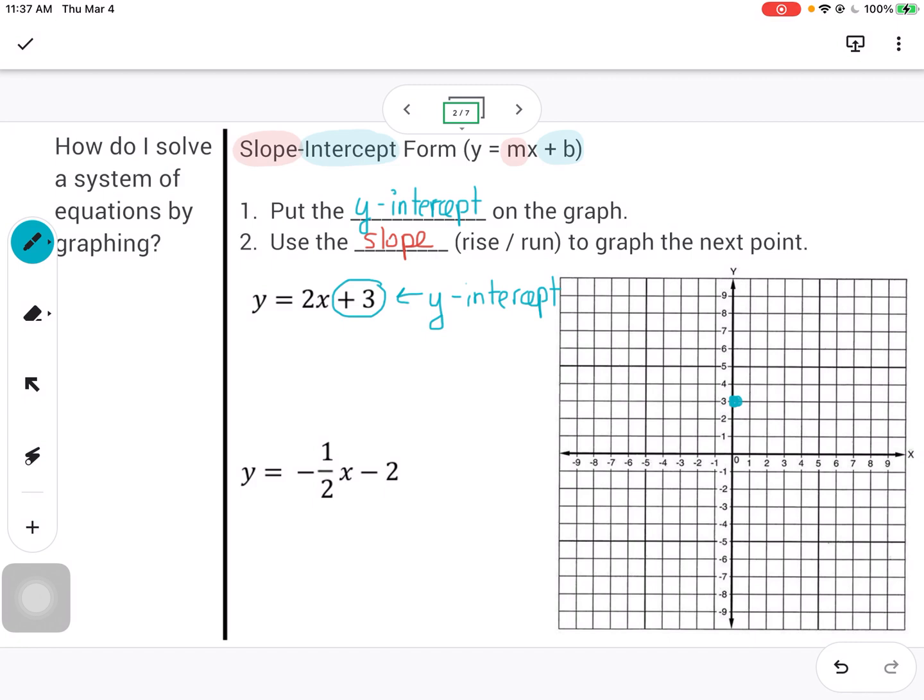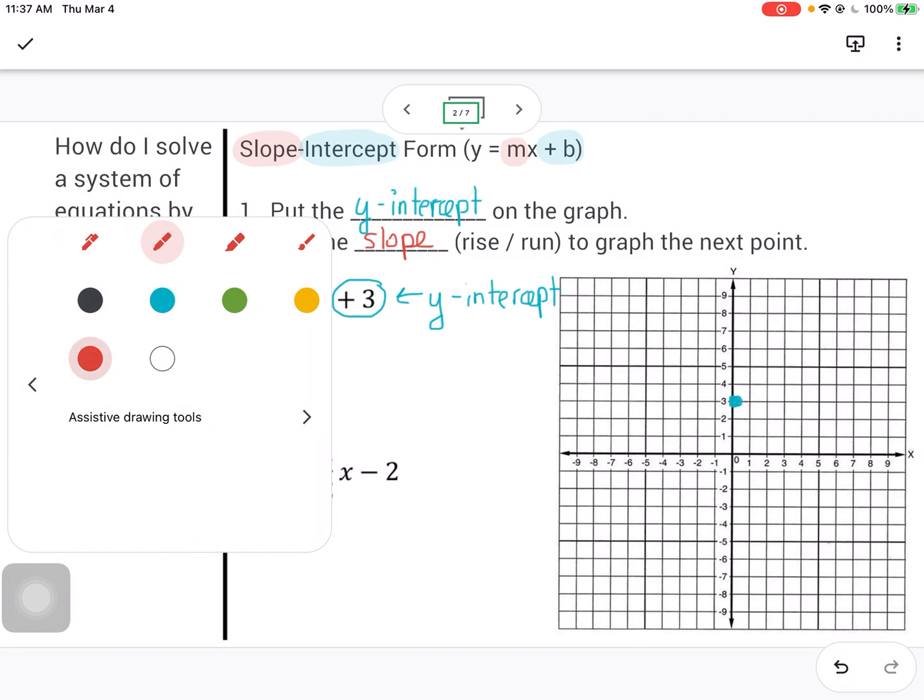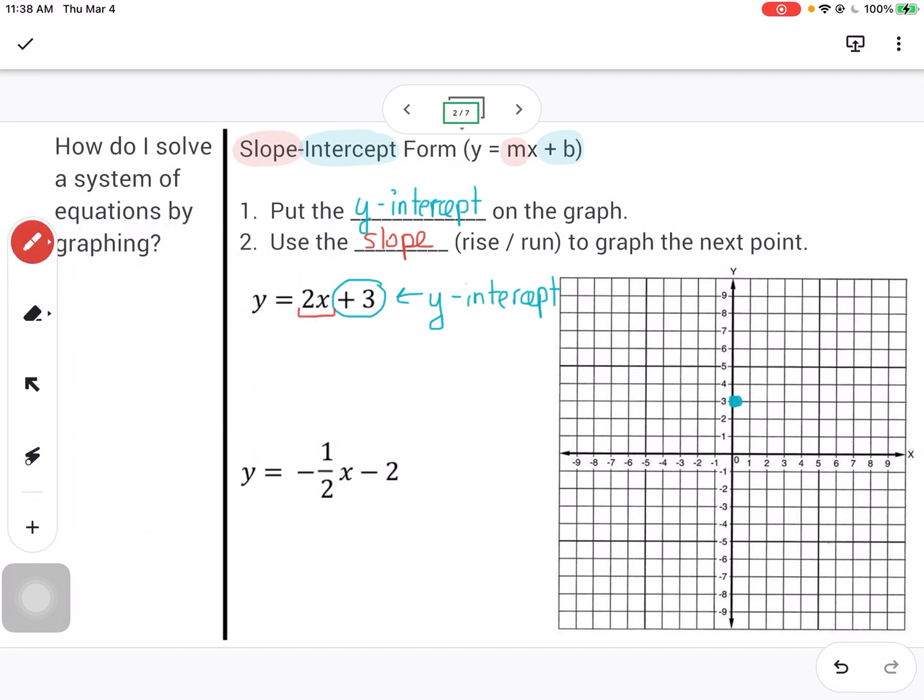Then we're going to use our slope to graph the next point. Our slope is the number with our x, and remember, we can turn a whole number into a fraction by writing that whole number over 1, because any number divided by 1 is the same number.